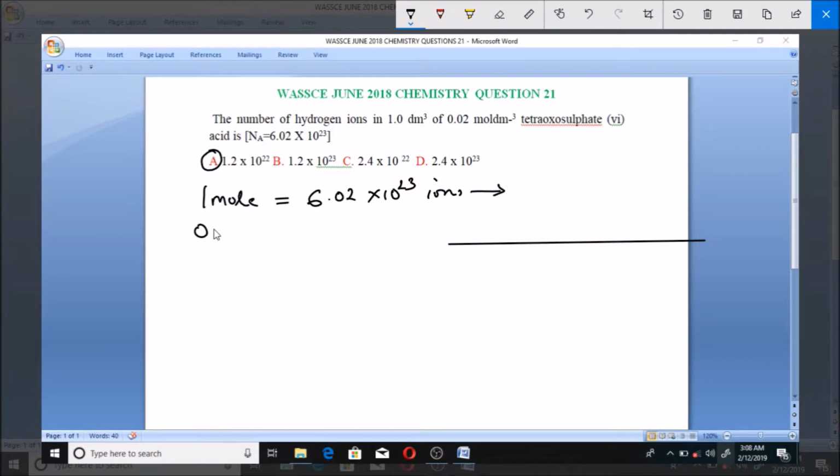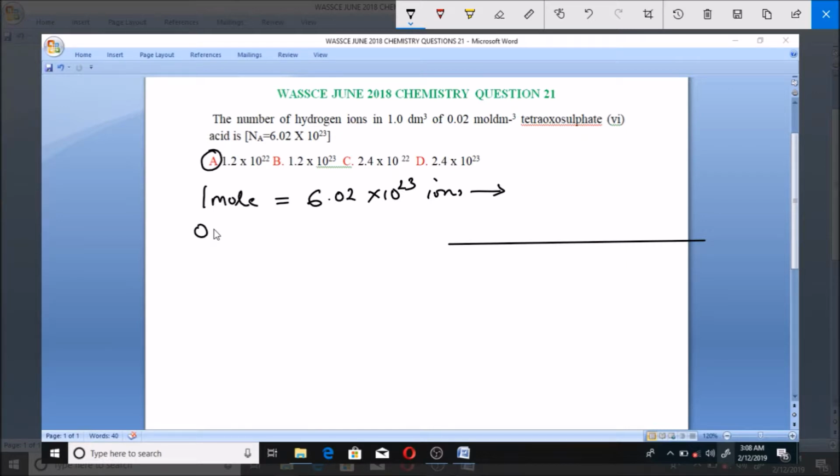So this X number of ions, which is actually what we're looking for, is equal to, if you solve this out, instead of having 0.02, you can say that you have 2.0 times 10 to the power minus 2. So another way of saying 0.02 is 2 times 10 to the power minus 2.